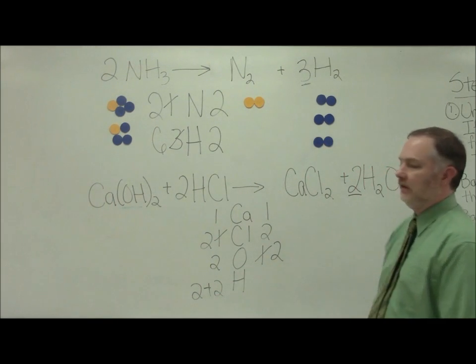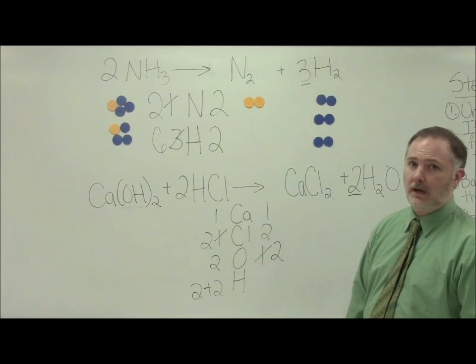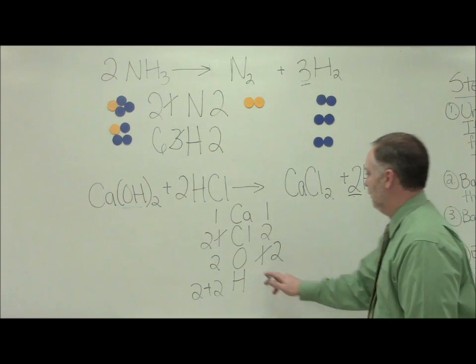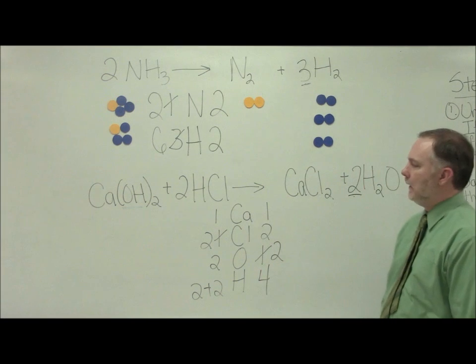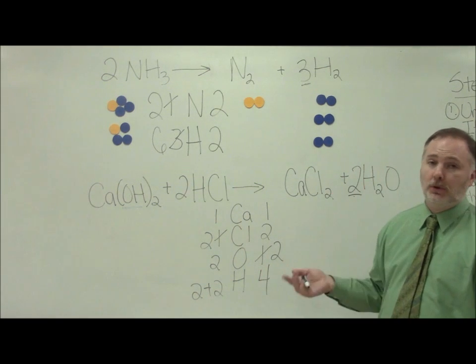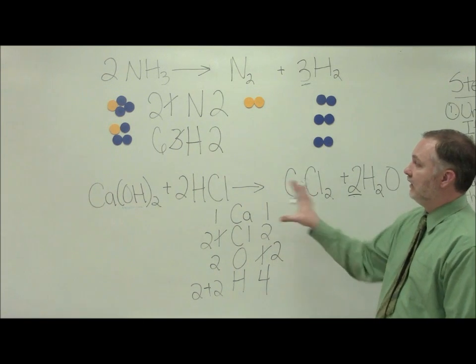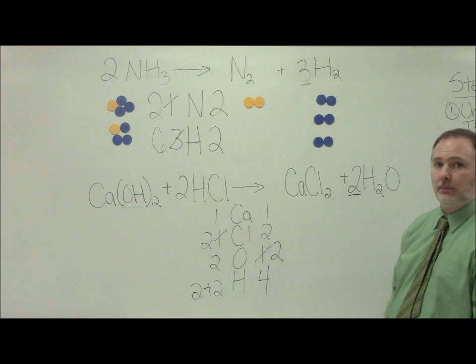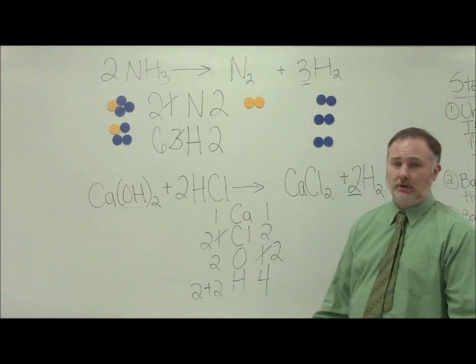And the nice thing is, if you follow my steps, hopefully you'll get to the last atom here and it'll be okay. 2 times 2 is 4 hydrogen. Nailed it. All right. And if you follow this order, usually that works. All right. Now I'm going to take a second. I'm going to erase this. I'm going to do one more example that has some polyions, and then I'm going to let you practice with the teacher.